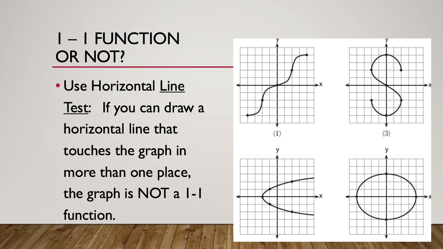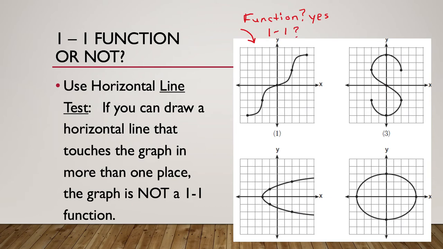All right, so what that means is that we are going to take an example that is a function. Okay, now it has to be a function first. So as you recall, this first example was the only one of the three that was actually a function. So we already proved by using the vertical line test that this one is a function. And so now the question is, is it a one-to-one function?